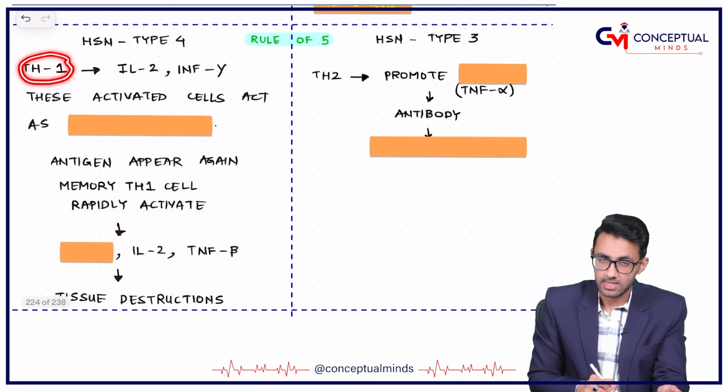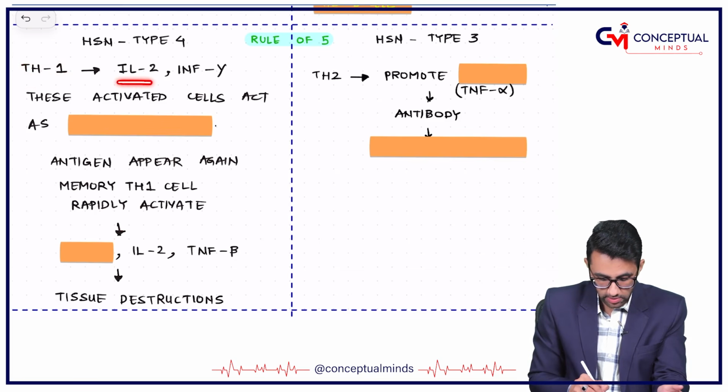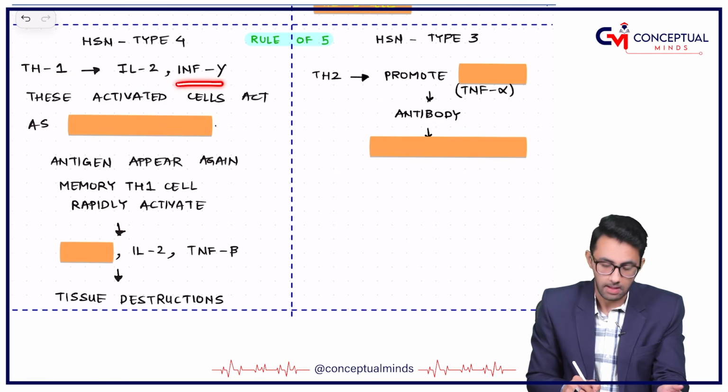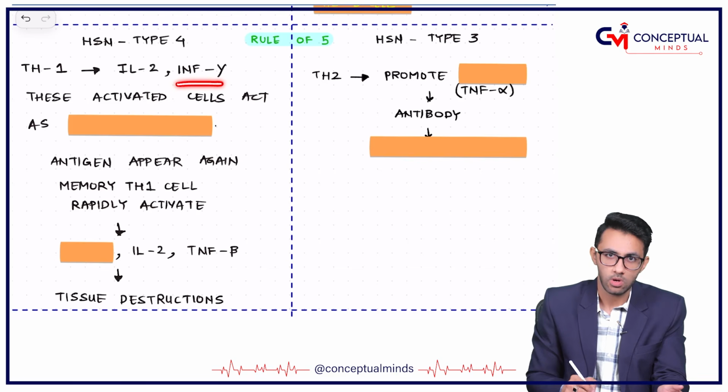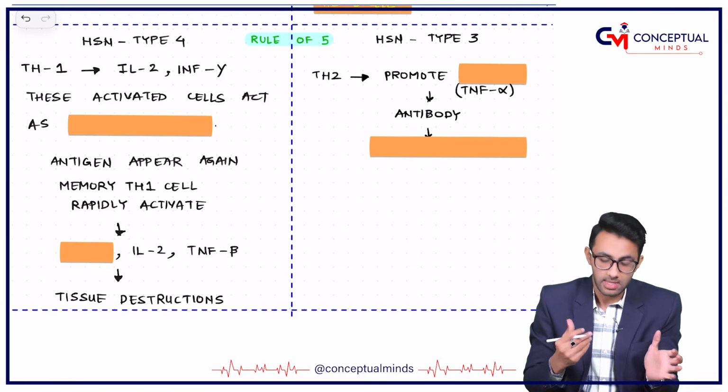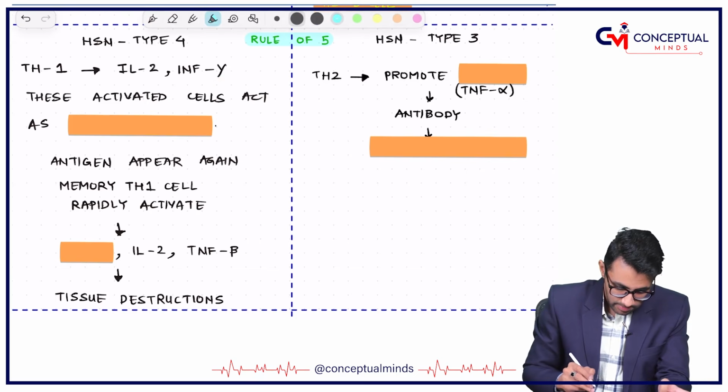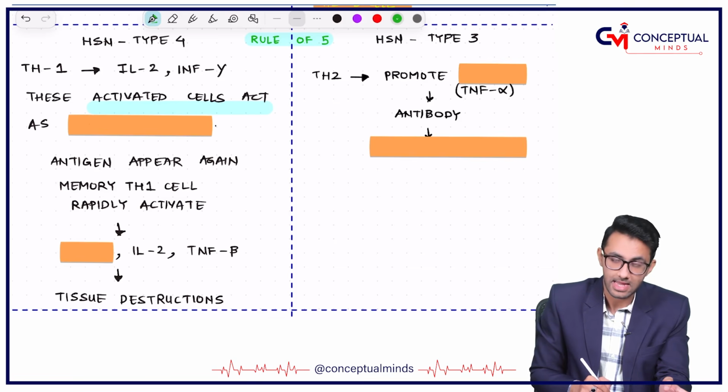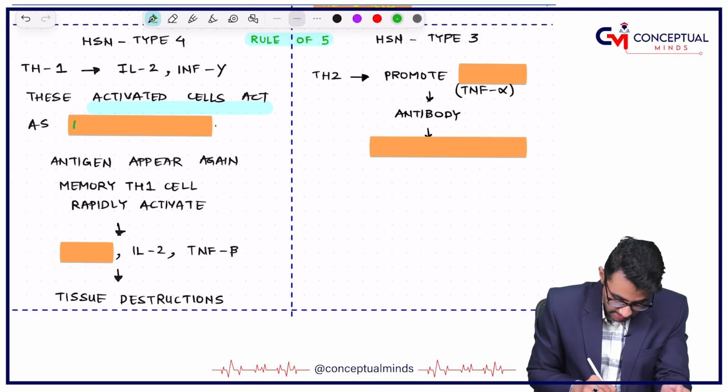Th1, which we discussed already. The Th1 T cells in Leprae reaction type 1 are activating interleukin 2 and interferon gamma. What do these stimulate? They activate the memory cells. The memory T cells are being activated.